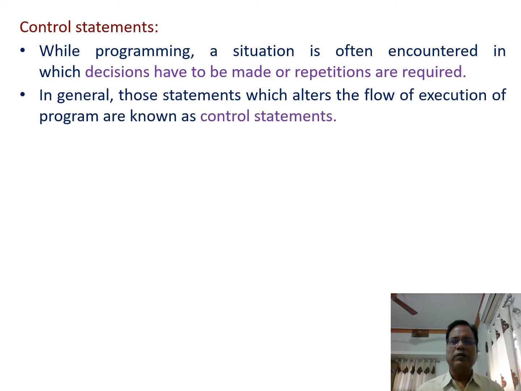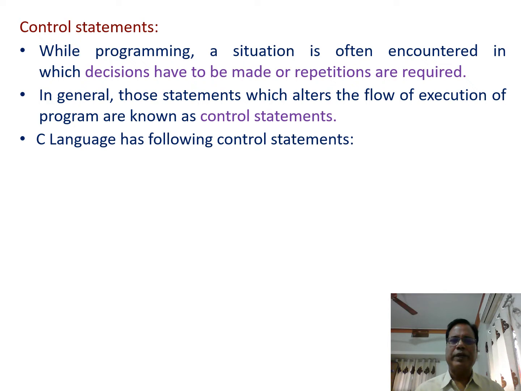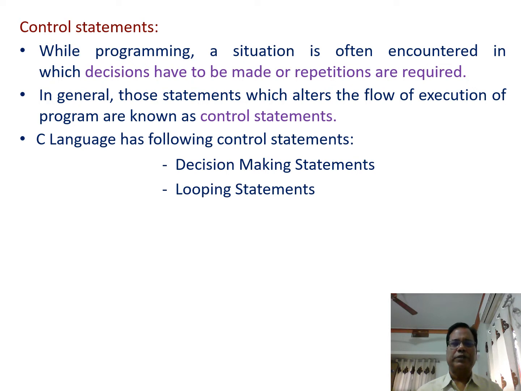In general, those statements which alter the flow of execution of a program are known as control statements. C language has the following control statements: decision making statements and looping statements.